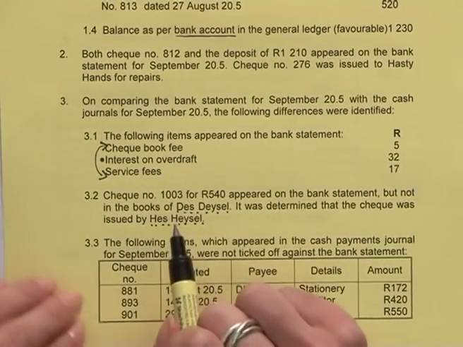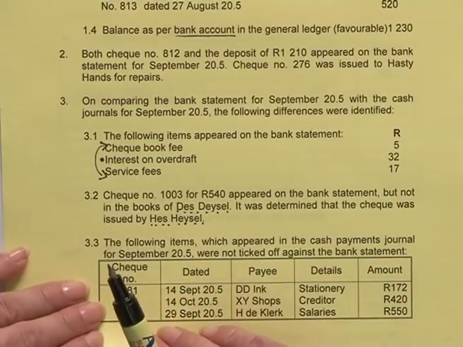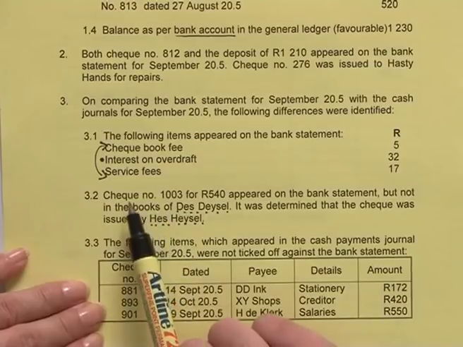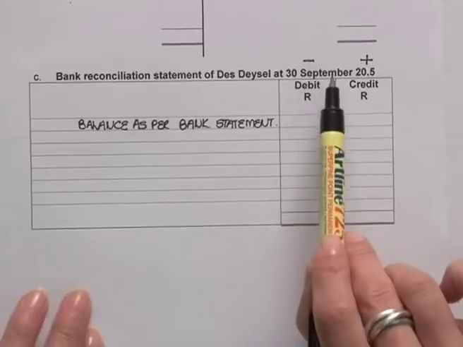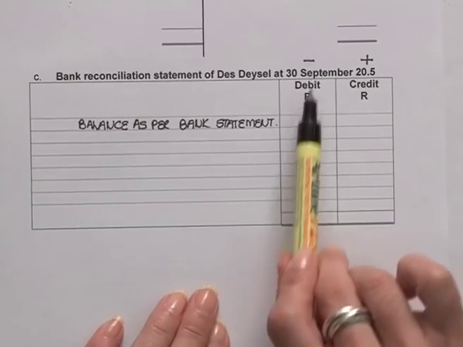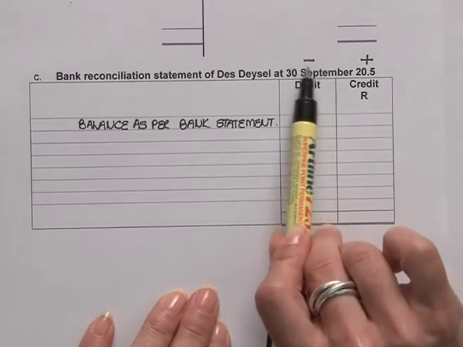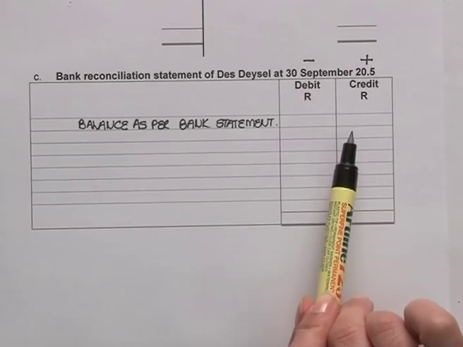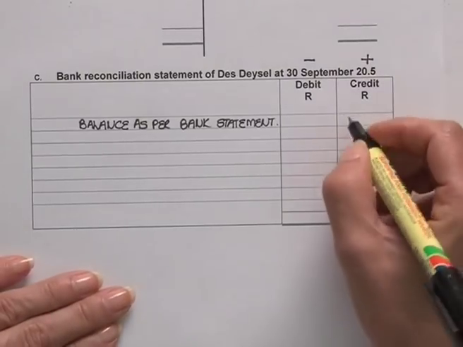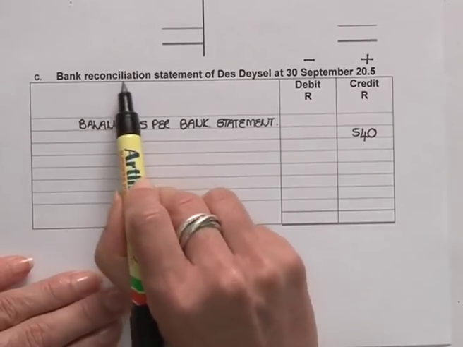Now, if the bank made the mistake, we'll have to fix this mistake in the bank reconciliation statement. Now, it's a check that appeared. So if you think about it in terms of the bank, there was a check issued, so there was a negative on the bank statement that we now want them to fix. So to get rid of that debit, of that negative, they will have to credit the bank statement with the same amount. So we're going to have a credit of 540 Rand in the bank reconciliation statement.